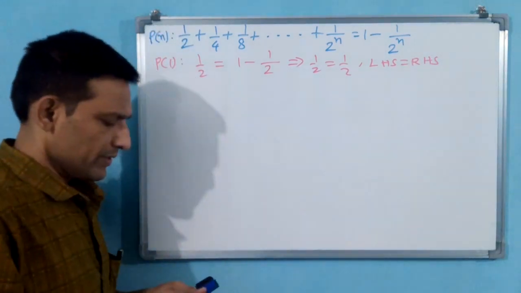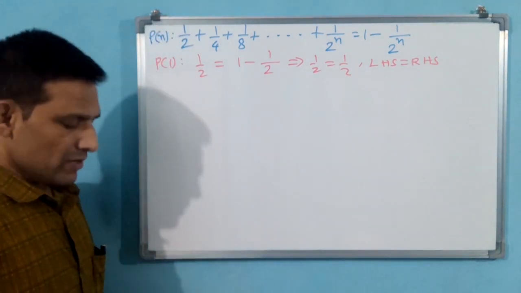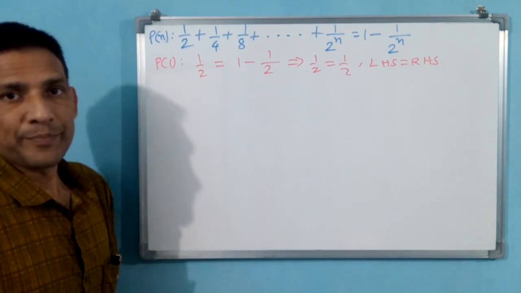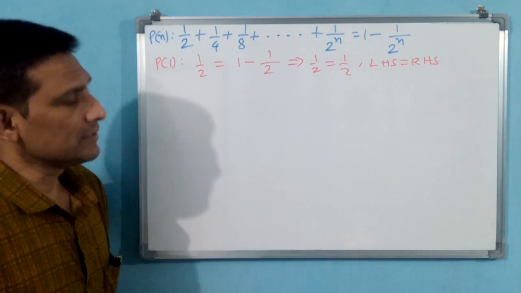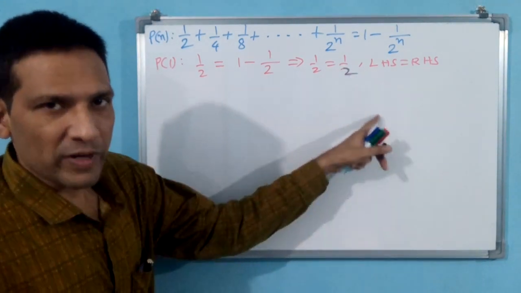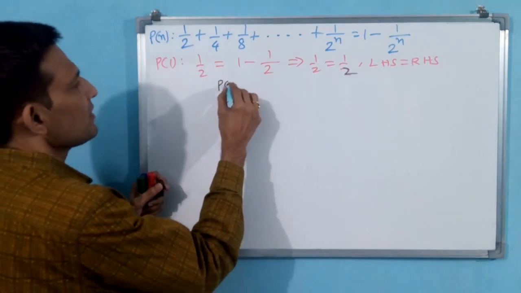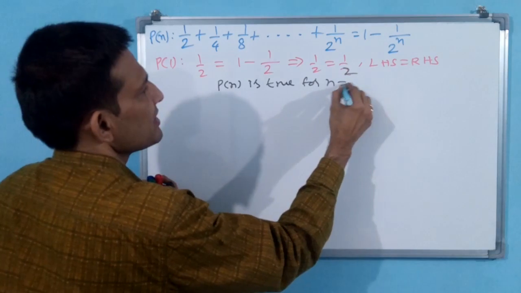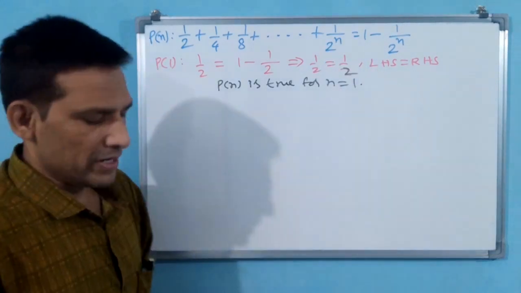Is it okay? Okay. You tell me now, if LHS is equal to RHS at P of 1 comes, means what you have to write? P of n is true. P of n is true for n is equal to 1. Write down. P of n is true for n is equal to 1. This you have to write.